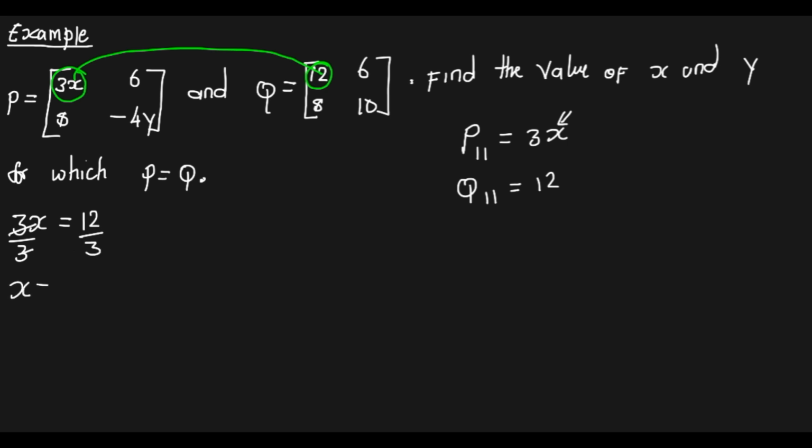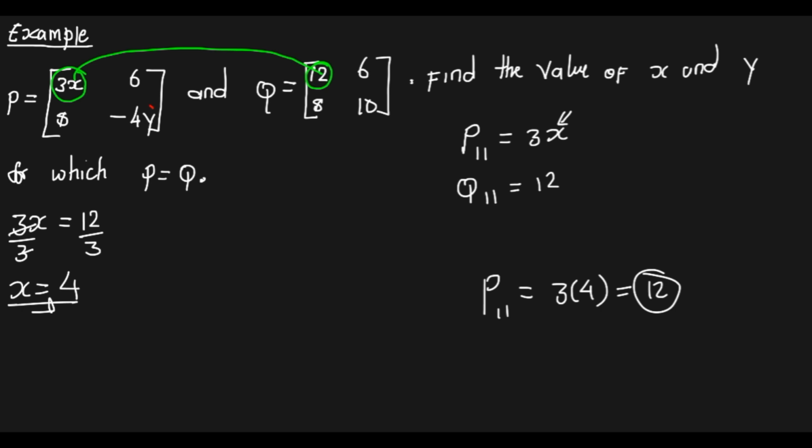Then we can see that x is equal to 4. If we substitute x with 4, we get the 12, which corresponds to the Q entry. Now let's also solve for y.